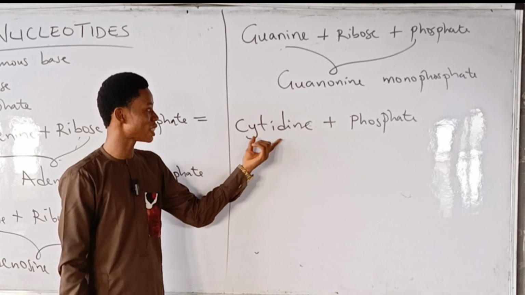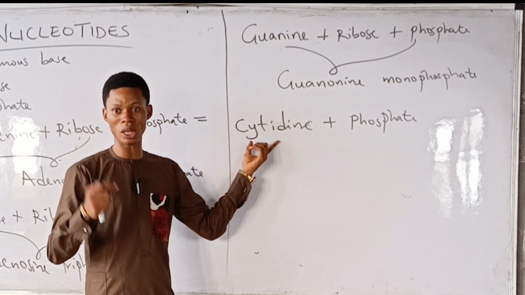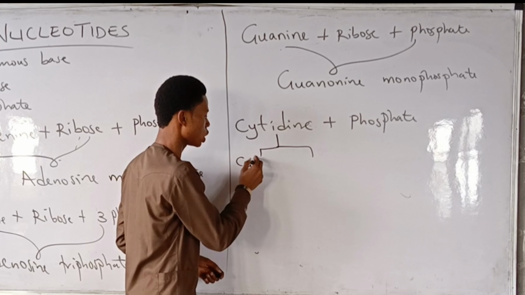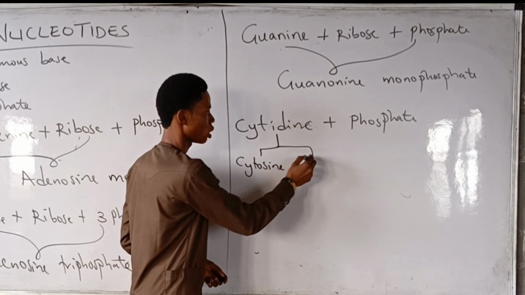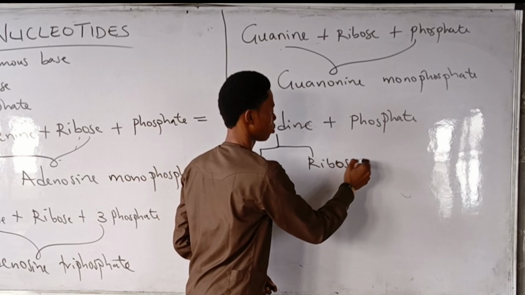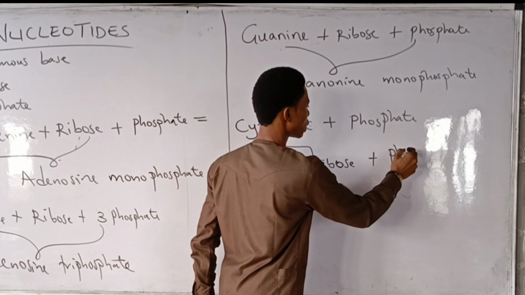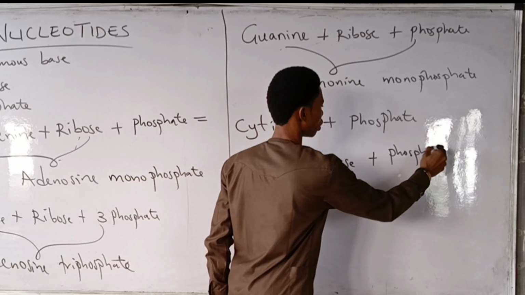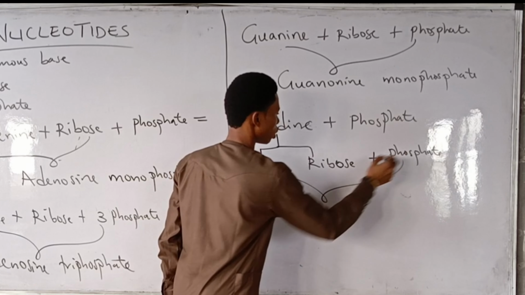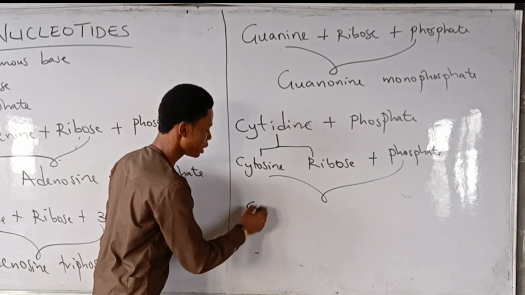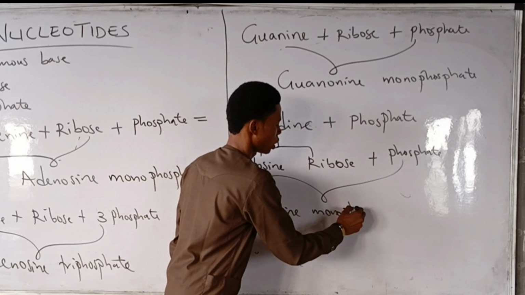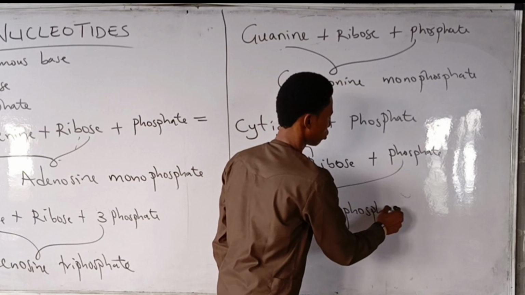So this cytidine is composed of two things, cytosine and ribose. Then plus the phosphate. Plus this phosphate, the name will become what? Cytidine monophosphate.